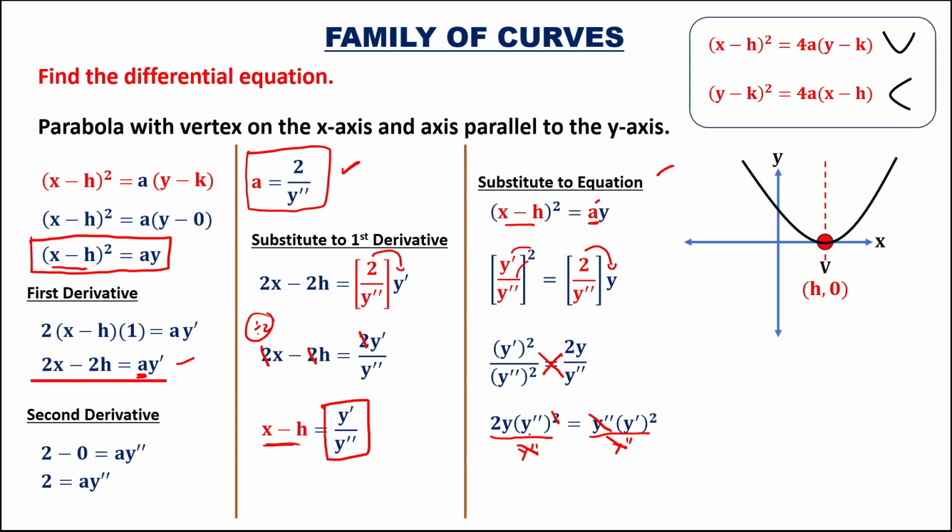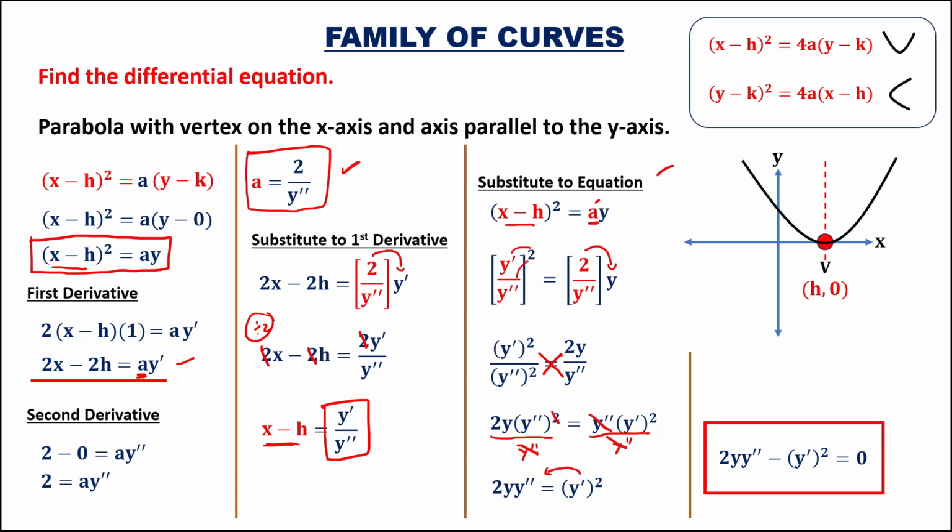The remaining is 2y times y double prime equals, on the other side, y prime to the power 2. Then equate this to 0, so transpose to the other side. So this becomes 2y y double prime minus y prime to the power 2 equals 0. So this is now the differential equation.